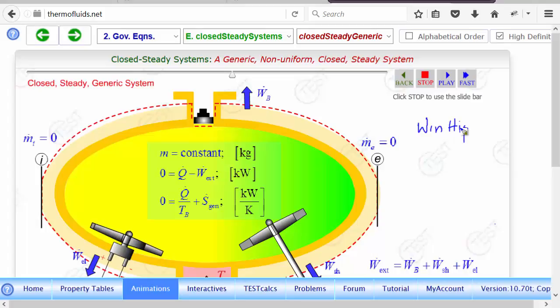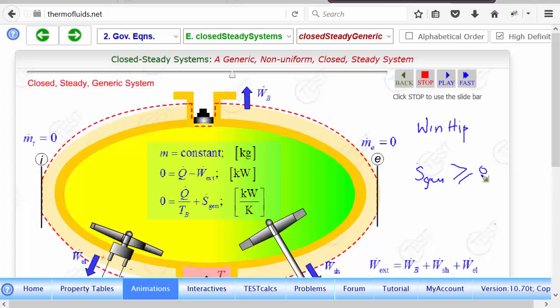For instance, if a system is losing heat at the rate of 5 kilowatts, we'll substitute -5 for Q dot. If shaft work is coming into the system, work in is negative, so we'll substitute a negative number there. On the other hand, S dot gen has to be always greater than or equal to 0. It can never be negative. It's 0 when the system is reversible.